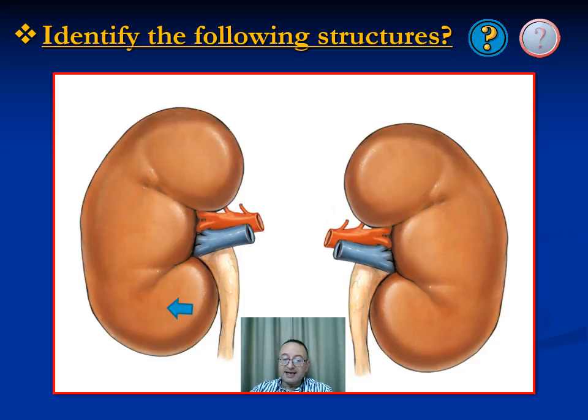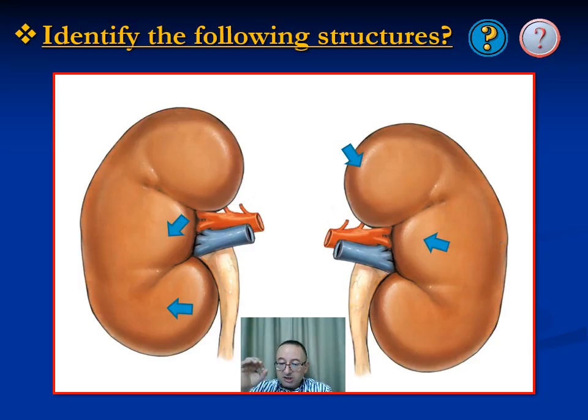Yes, area related to small intestine and ascending branch of right colic artery. Identify. Yes, I'm hearing you. Suprarenal gland, left. Identify. Yes, this is adjacent to the hilum on the anterior surface of the right side. So it is related to second part of duodenum. Identify.